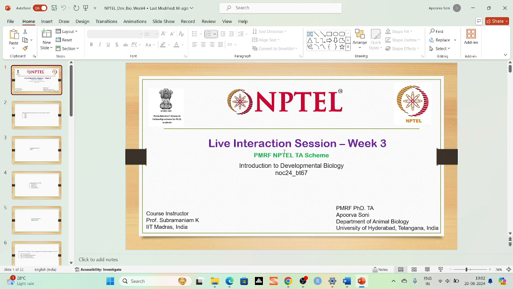We studied some crosses, how to solve questions related to probability, basic probability questions, and also an important question related to the 3 point test cross, which often comes up in competitive examinations like CSIR. So that is an important concept.